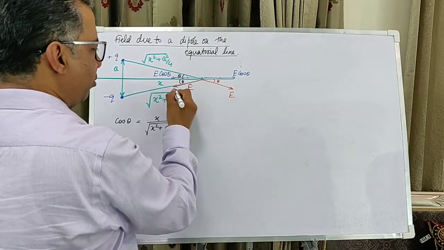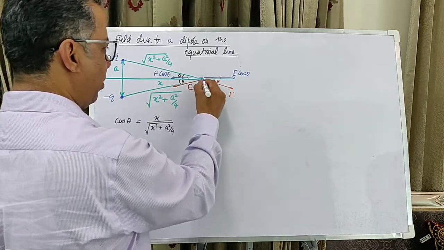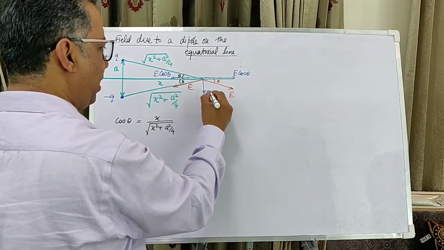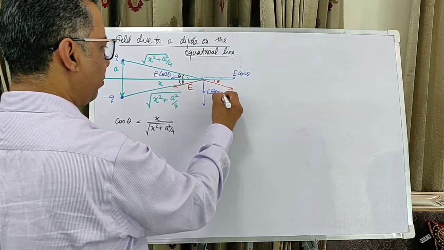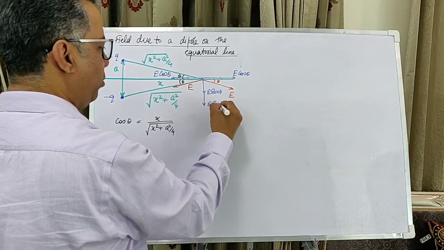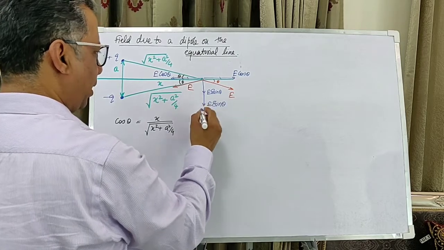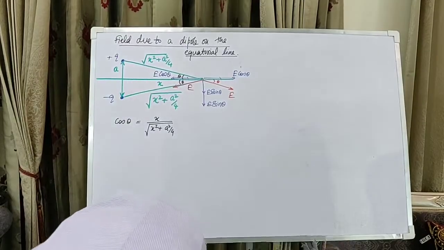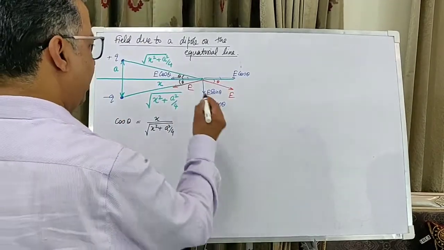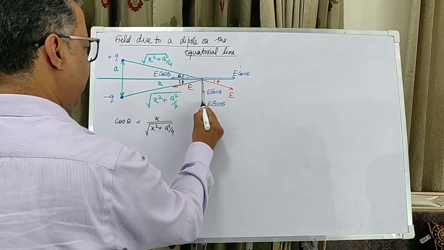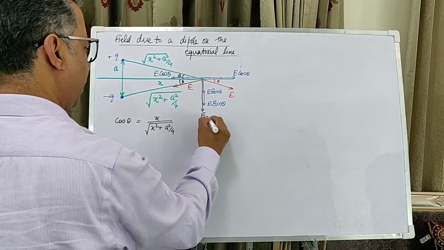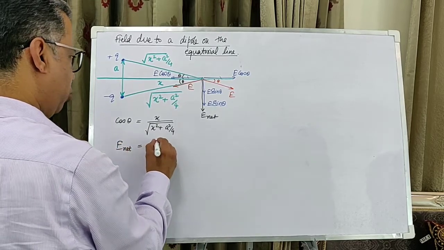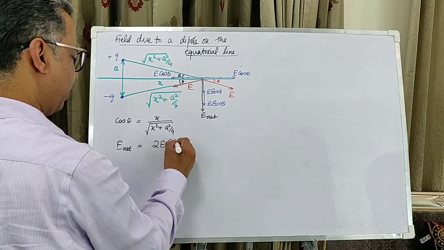The other components of E, which are perpendicular to this equatorial line, both these components will be E sine theta each, and these two are in the same direction. Now this will be the direction of the net electric field here. This is the net electric field, and this net electric field will be 2E sine theta.